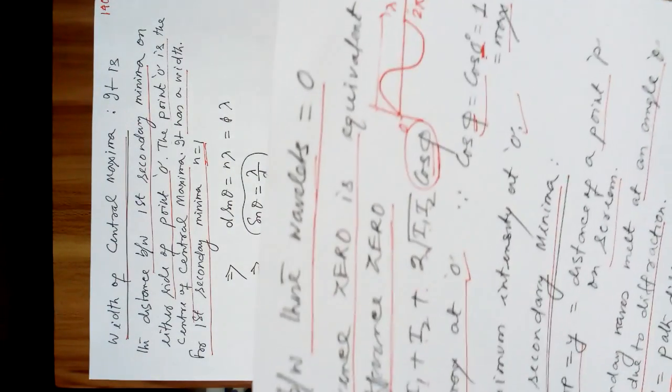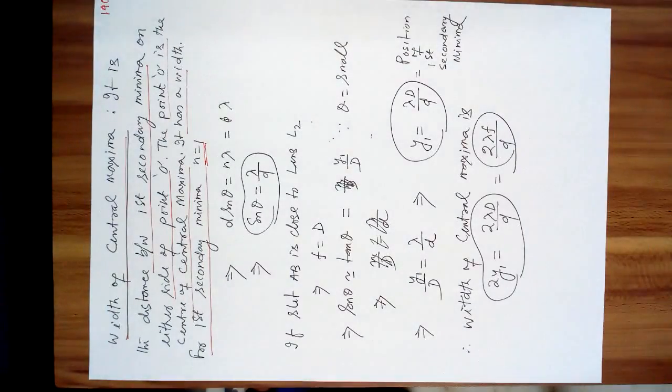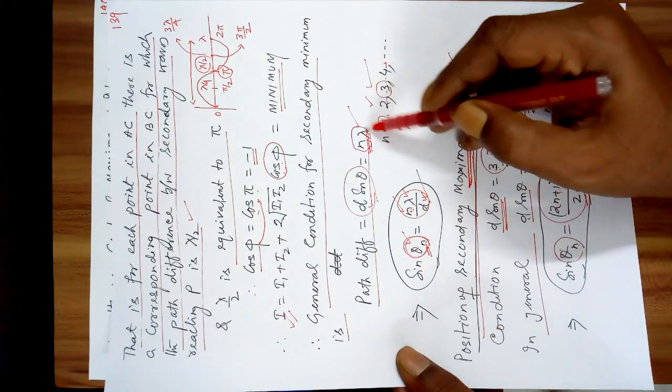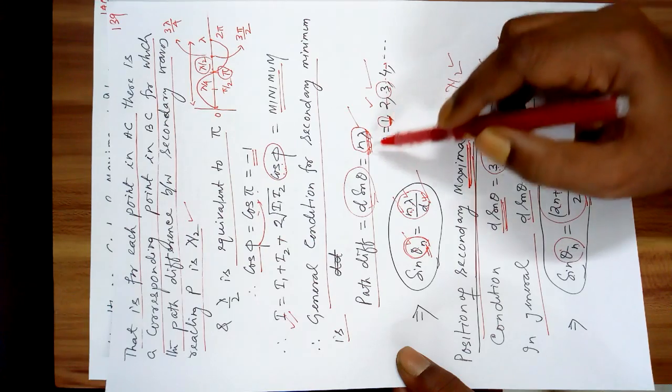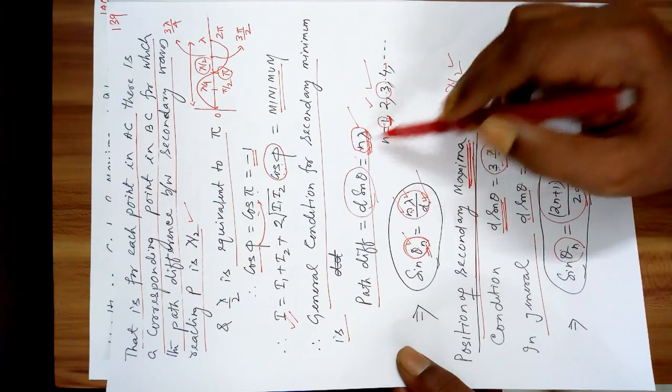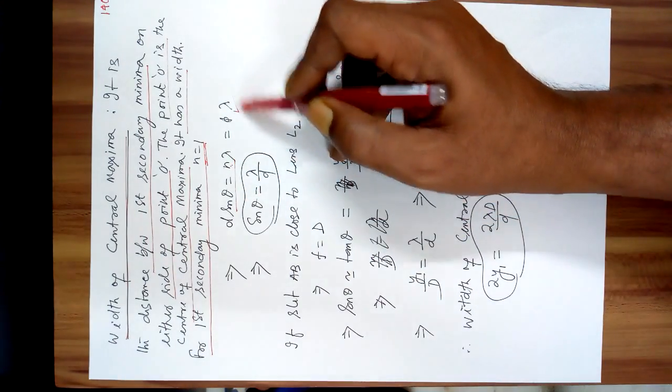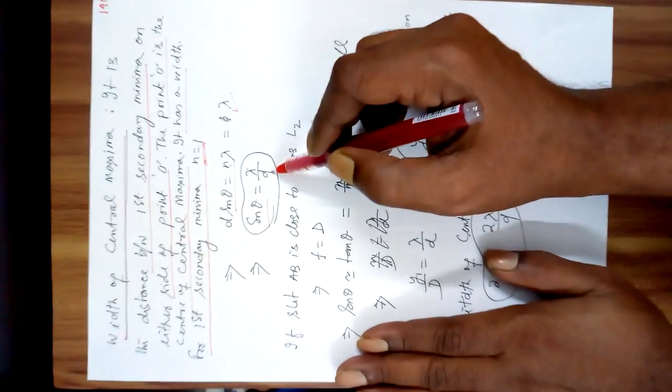Condition for minima was d sin theta is equal to n lambda. So first minima is at n is equal to 1. So d sin theta is equal to lambda for n is equal to 1. So sin theta is equal to lambda by d.